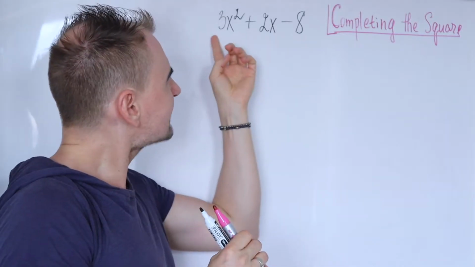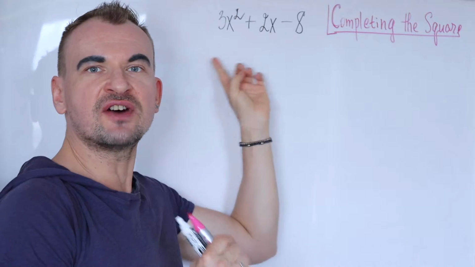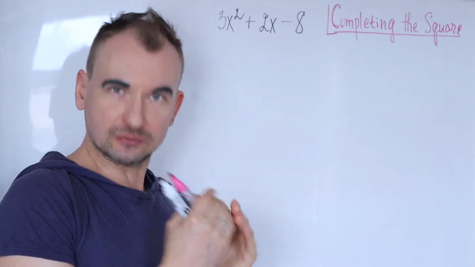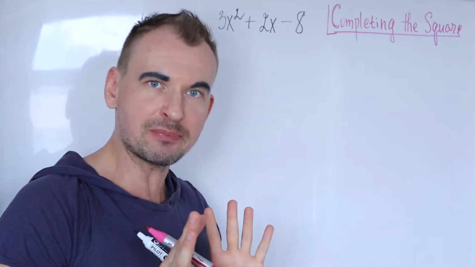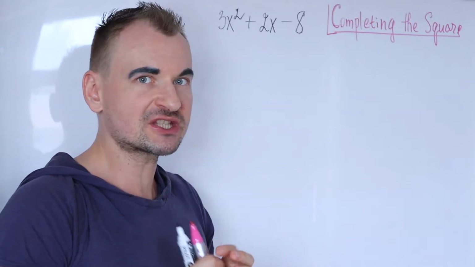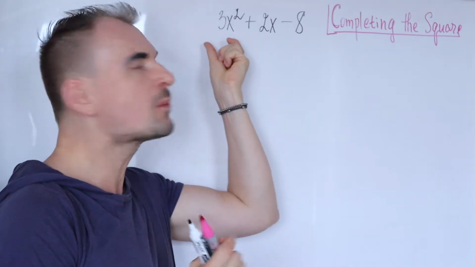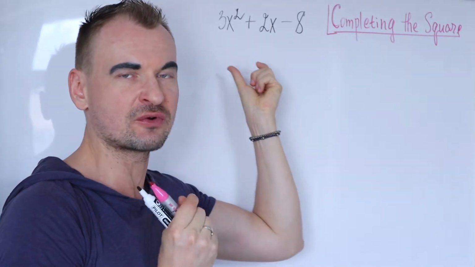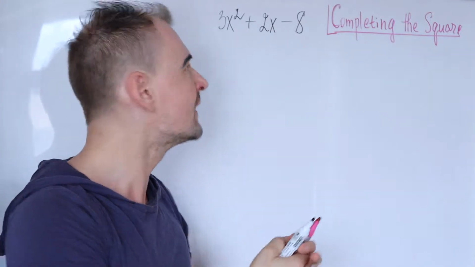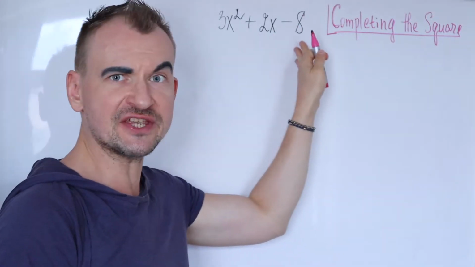Otherwise, if you are given something like 3x squared, 5x squared, or it could be negative, let's say negative 4x squared, and so on, your first step, always, you want to pull out this leading coefficient in front of this term.